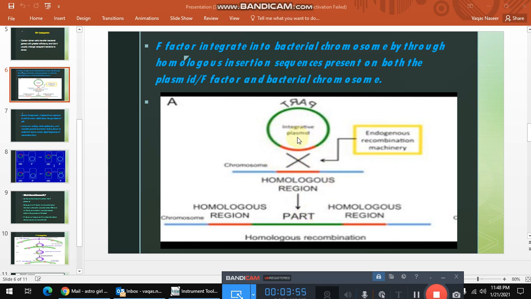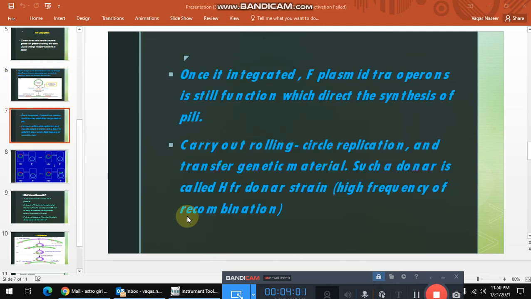In all of this, the endogenous recombination machinery is involved. Once it is integrated, the F plasmid tra operon is still functional, which directs the synthesis of pili and carries out rolling circle replication and transfers the genetic material to the F negative cell. Such a donor cell is called an HFR donor strain, or you can say high frequency of recombination.